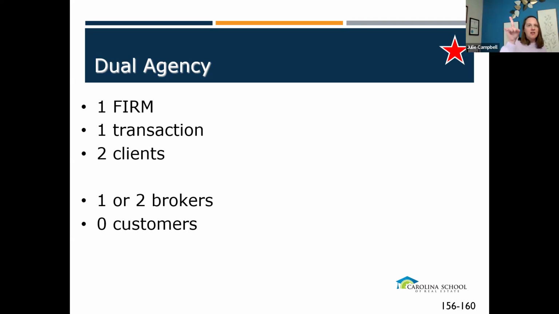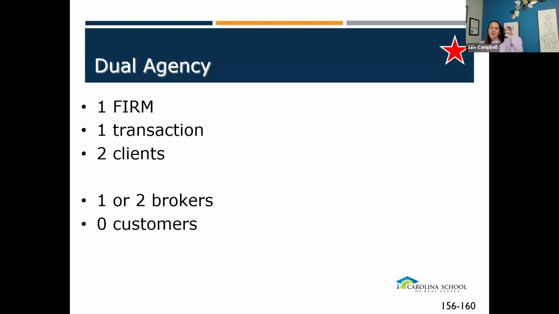One transaction, meaning the same property. Dual agency is one firm, one transaction, 2 clients, 0 customers. In dual agency, everybody is in first class. First class just got pretty crowded, didn't it? Nobody is back in coach.